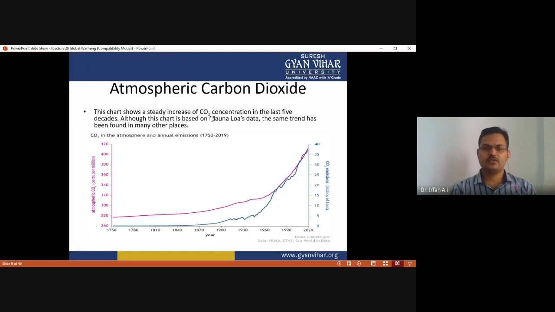This figure also indicates the continuous rise in the concentration of carbon dioxide and carbon dioxide emission. This chart shows a steady increase of carbon dioxide concentration in the last 5 decades.